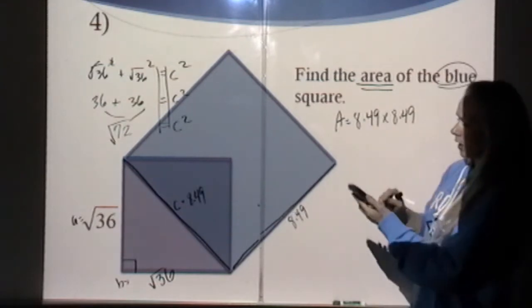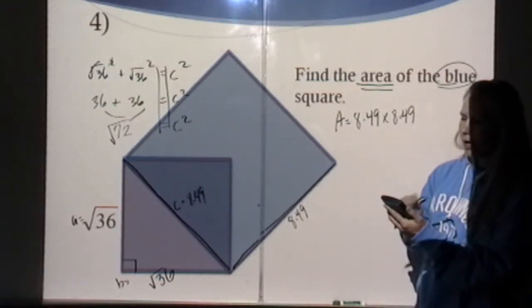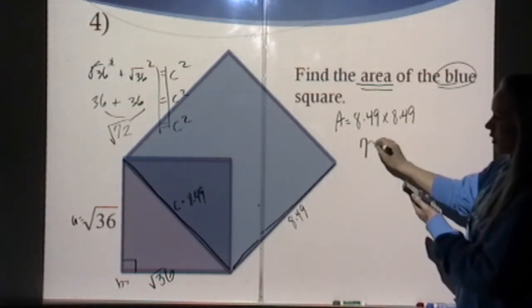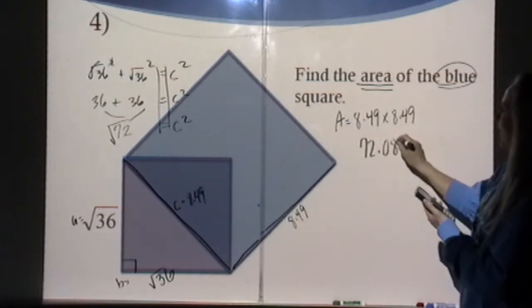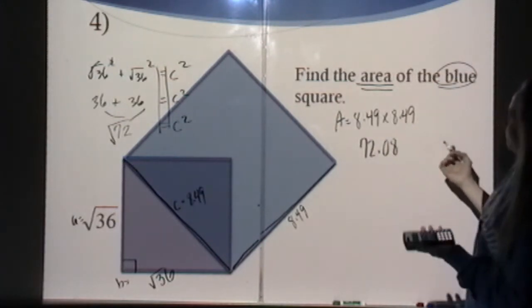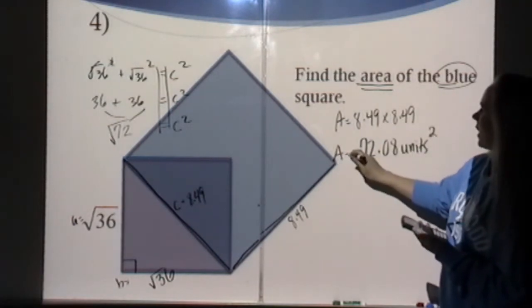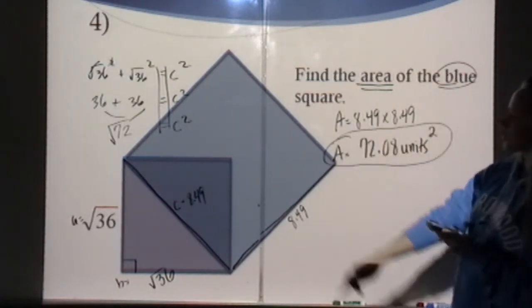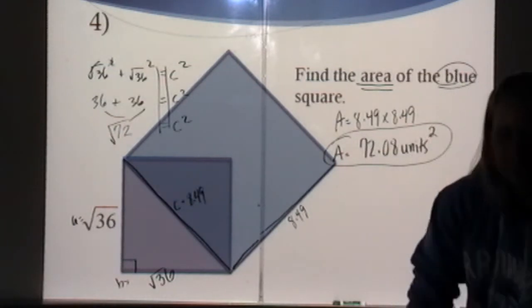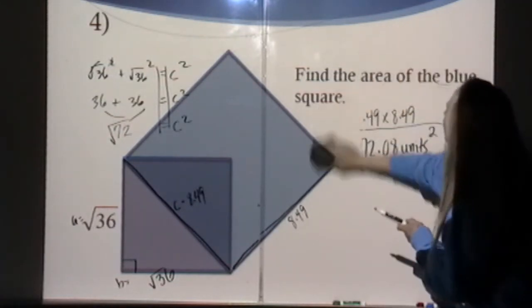Really, what I'm going to type in my calculator is 8.49 to the second power. And I get 72.08, and I'm going to say units squared as the area because I don't know exactly what the units are. So there's my final answer on that one.